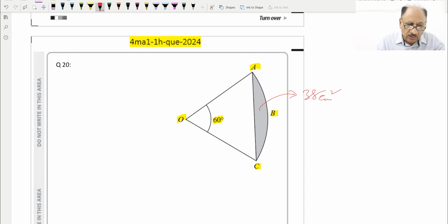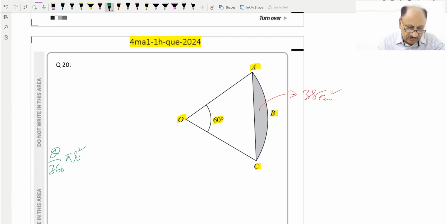So what we can do is, 38 is given, which is area of the segment. So we can write area of the sector. Formula is what? Area of the sector is theta over 360 into pi r square.